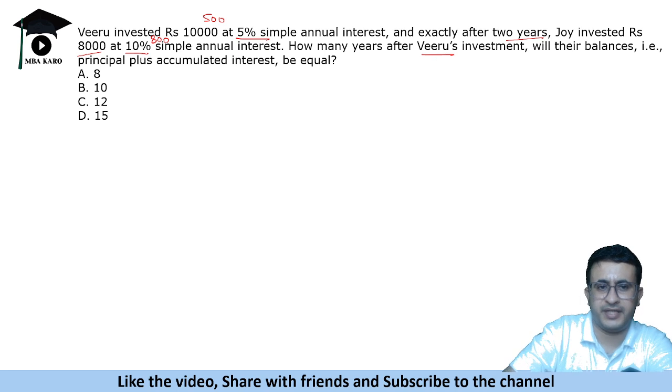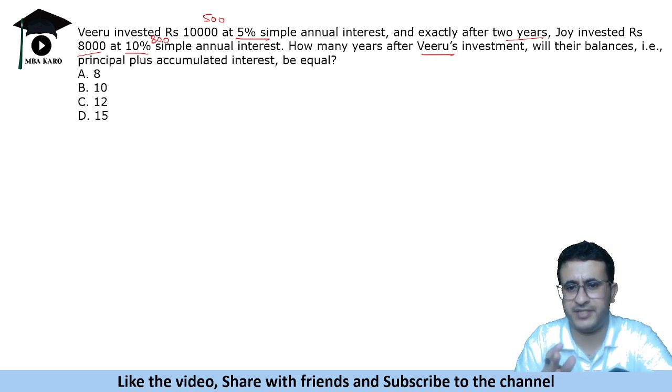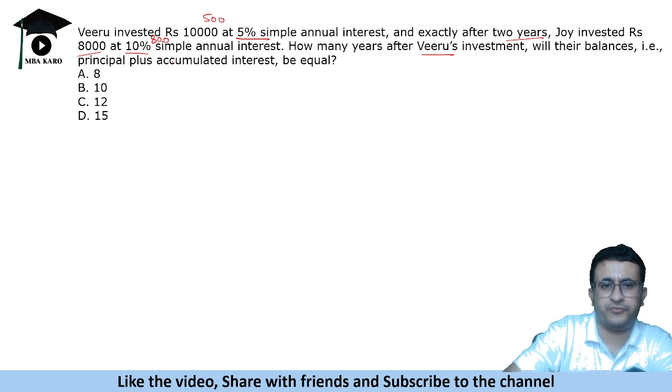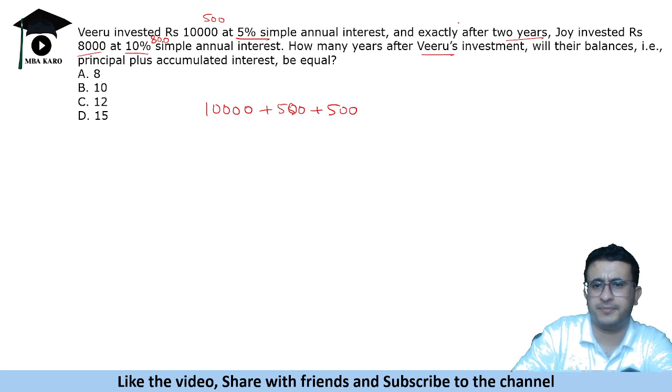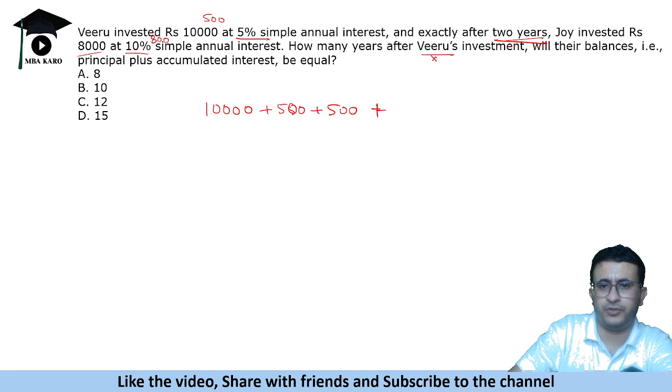So let's start with Joy. Why are we doing it with Joy? Because it is simple to find out. Viru started with 10,000, and in 2 years how much interest did he get? 500 plus 500. Okay, in 2 years, because Joy starts after 2 years. Now suppose after this it is n years, right? Instead of Viru we are calculating time after Joy.